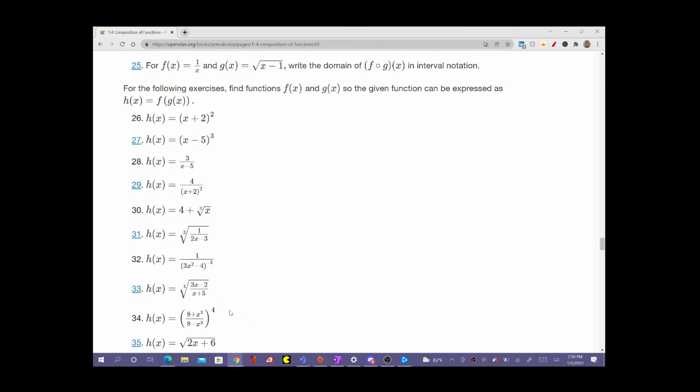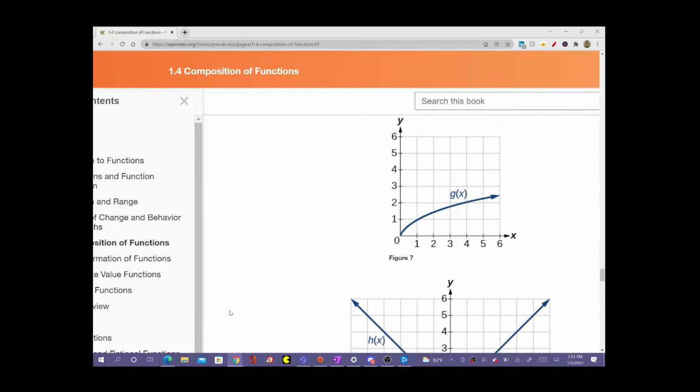Just the basics, because I really want to make sure we understand how to find composition of functions, given specific values, as well as just composition of functions in general.